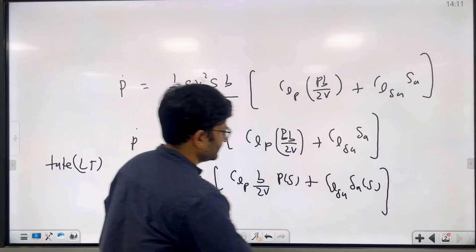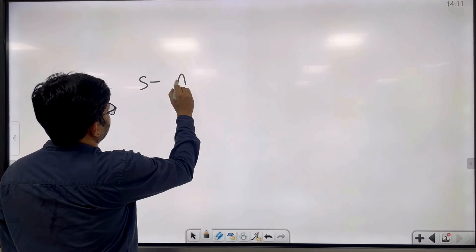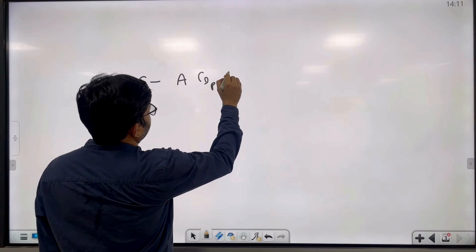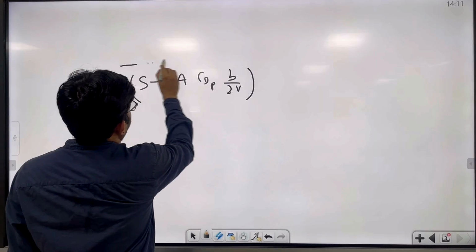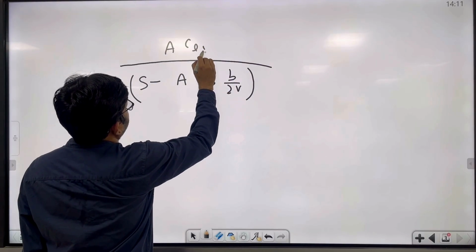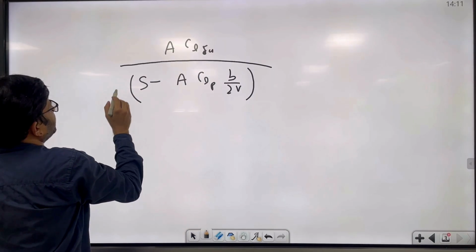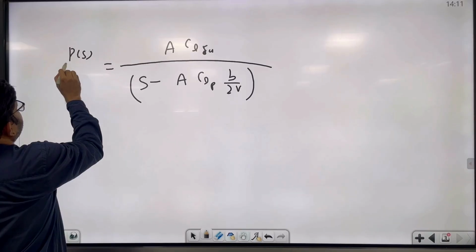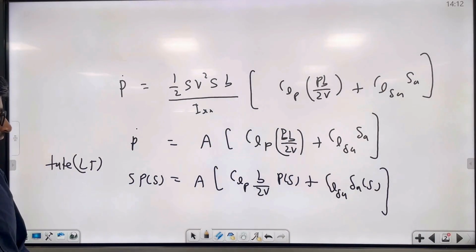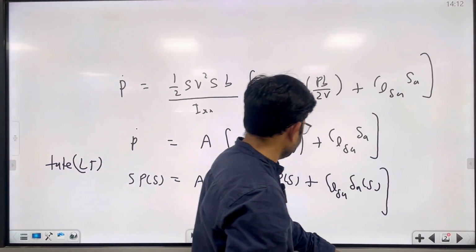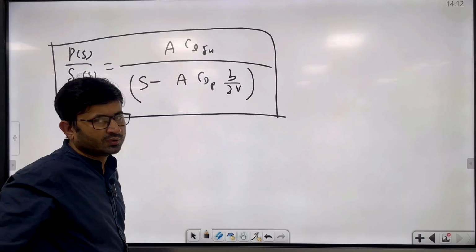So what you can write further is s minus A Clp b by 2V times P of s equals A Cl delta A delta A of s, and this you can write as P of s by delta A of s equals A Cl delta A divided by s minus A Clp b by 2V. Please check. This becomes your plant.